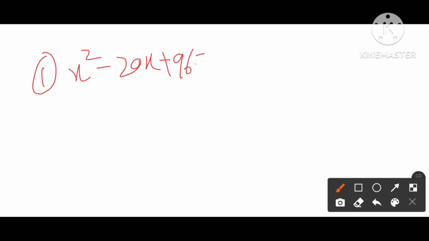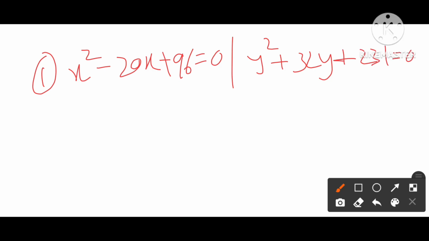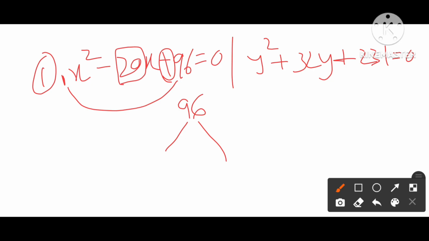previously. Now let's learn the traditional method, which will be helpful for all the remaining questions. So let's see the traditional method. Here the coefficient is 1. 1 into 96, we get 96. We need to divide this 96 into 2 factors whose sum must be 20. So 96 means 12 eights are 96.